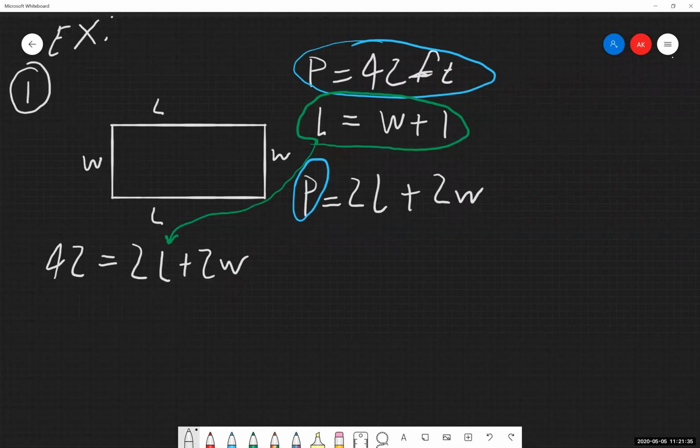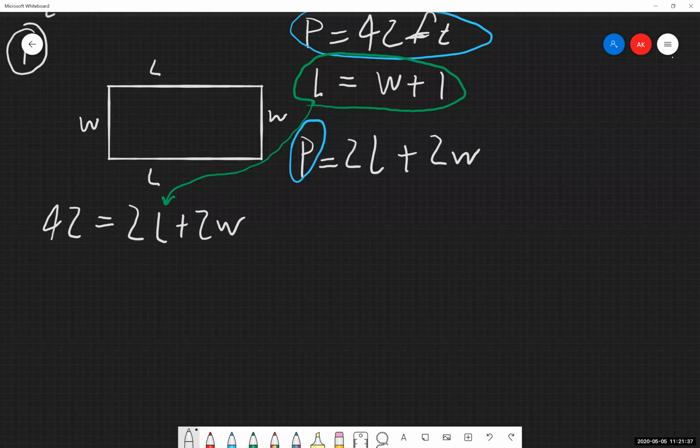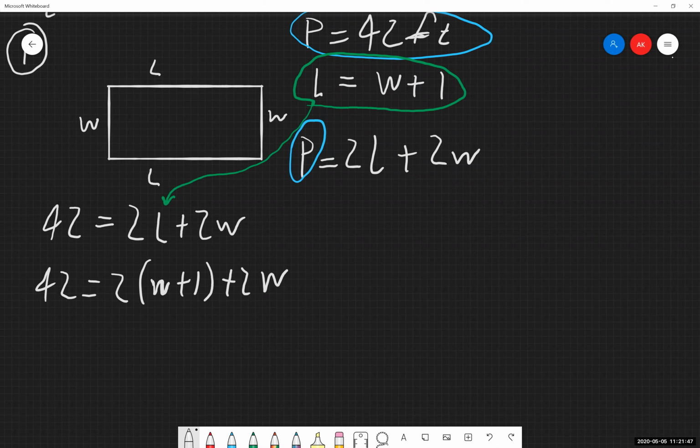I'm going to move us up here a little bit. So when I substitute that in, getting this equation that we have here. Now again, in the context of this problem, the length is the exact same thing as w plus 1. So I have written the length in terms of the width.